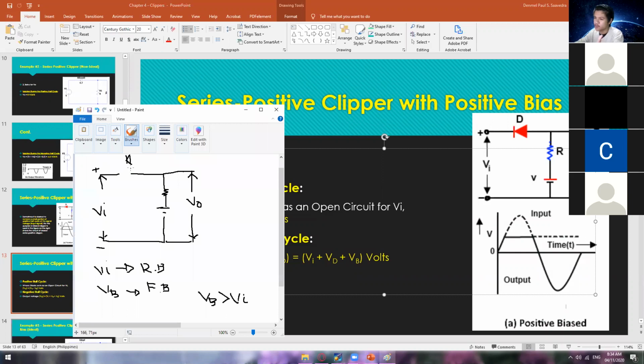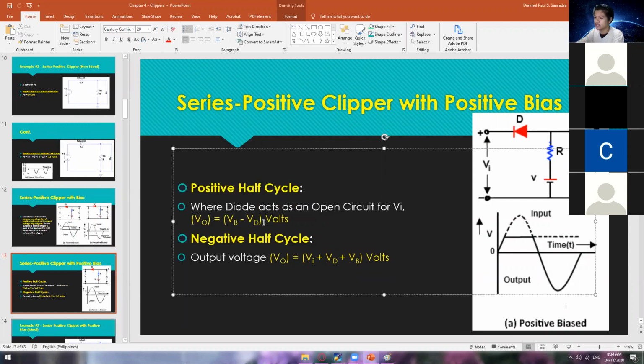If this one is silicon, then we have to deduct 0.7. If this one is germanium, then we have to deduct 0.3. That is the computation for the V sub O in the positive half cycle.